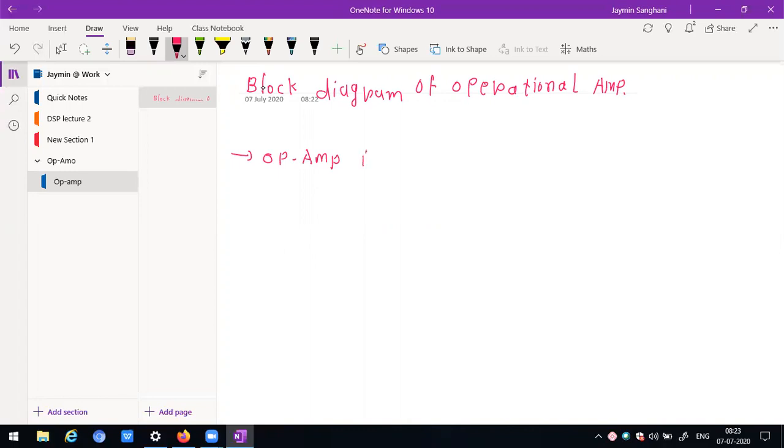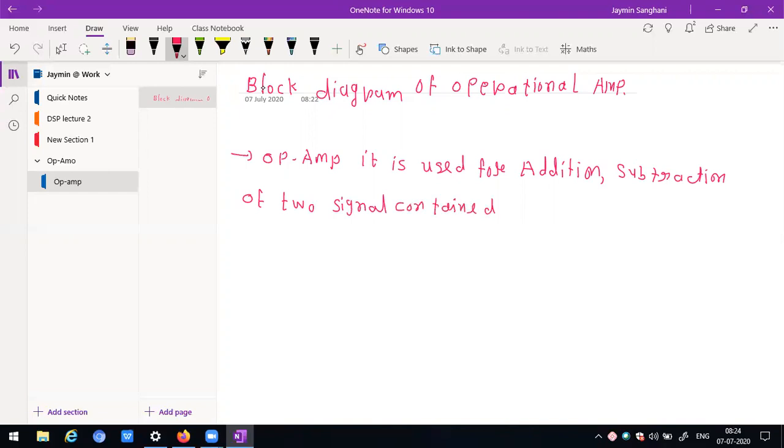It is used for addition and subtraction of two signals containing the same frequency but different amplitude.